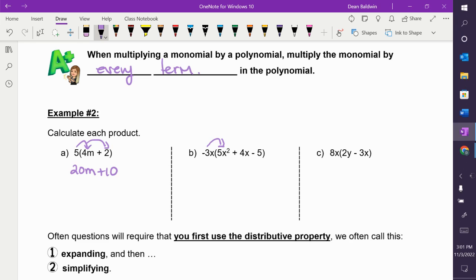Negative 3x times 5x squared. So what's negative 3 times 5? What's x? Remember, it's x to the power of 1 times x squared. What do you do with the exponents when you're multiplying the x's? So what's 1 plus 2? So that's negative 15x cubed.